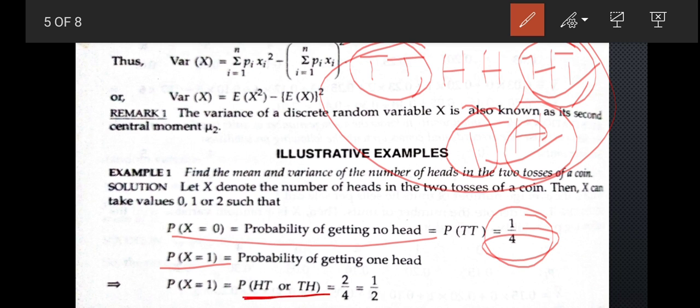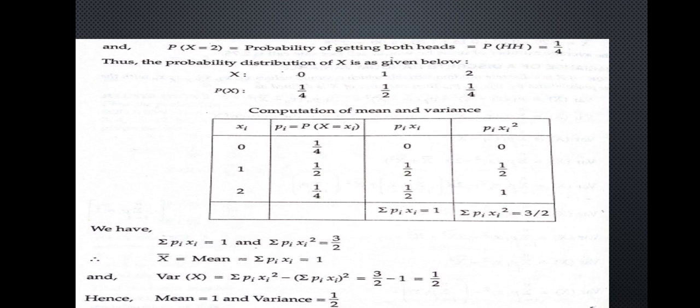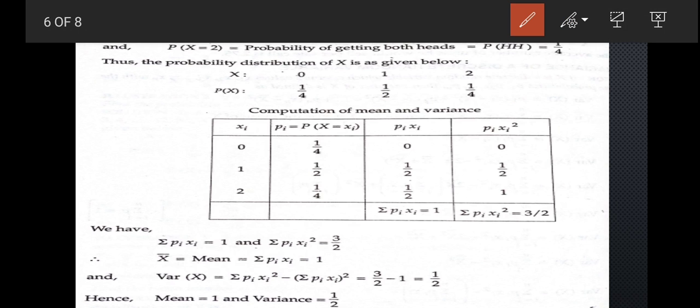So we write 2 by 4, which becomes 1 by 2. Now the probability of getting both heads is 1 by 4.